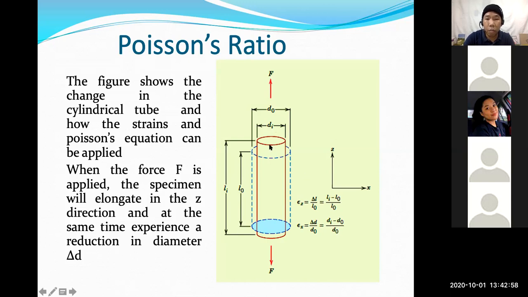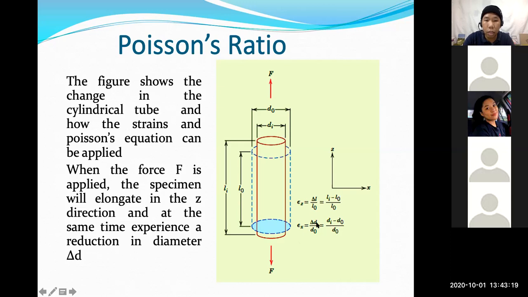So take a look at the dashed line here. This is the original shape of the cylindrical tube, and the red or solid representation. As you notice, the diameter actually changes, right?